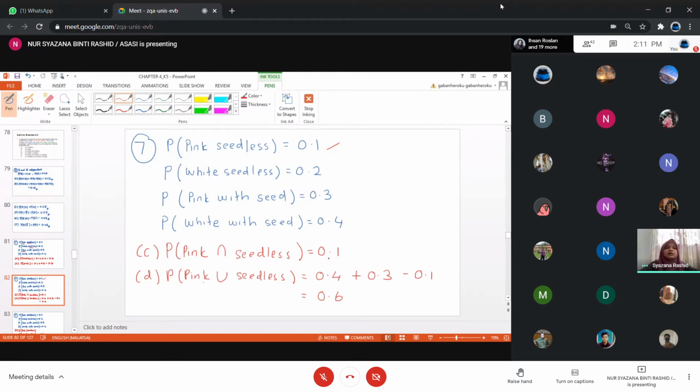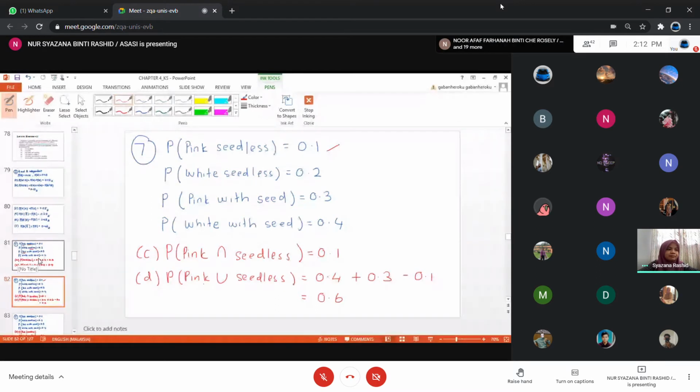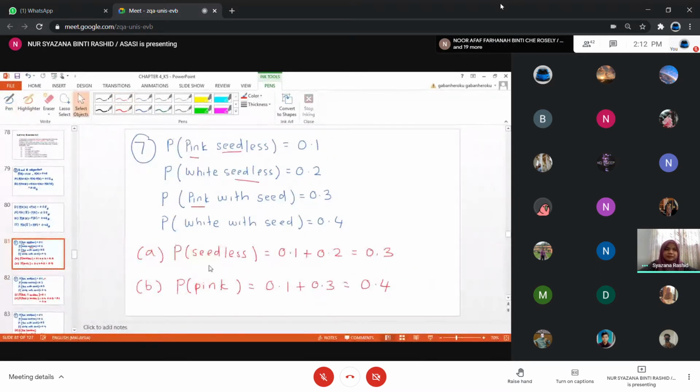But for D, this is also compound but union. For union, you must understand what union is. Union means we need to consider all pink and all seedless. That's why you added pink and you added seedless. Where do you get pink and seedless? This one, from earlier. That's why they ask pink and seedless on AB.